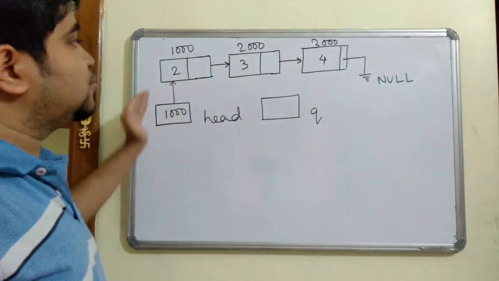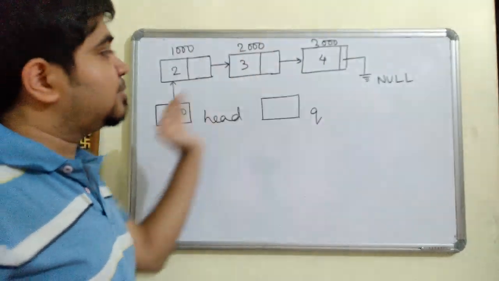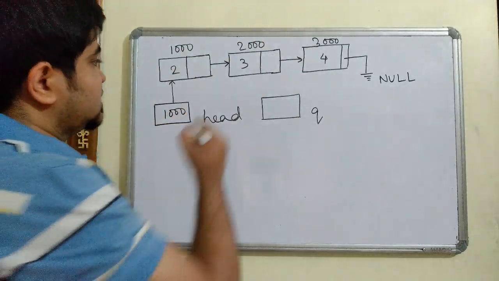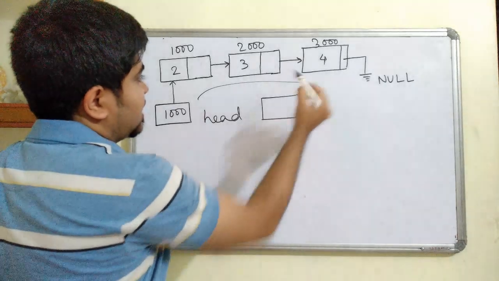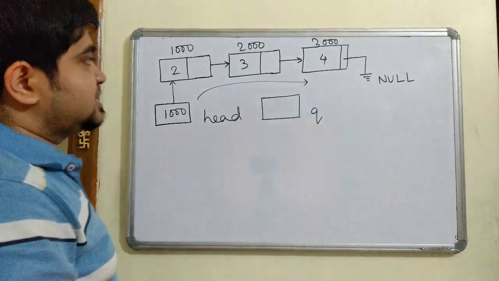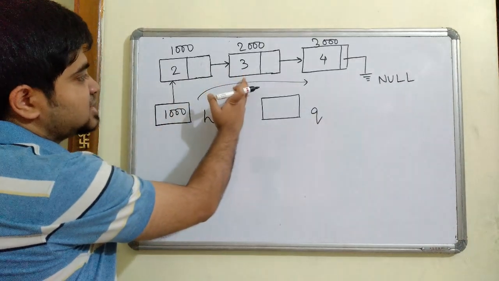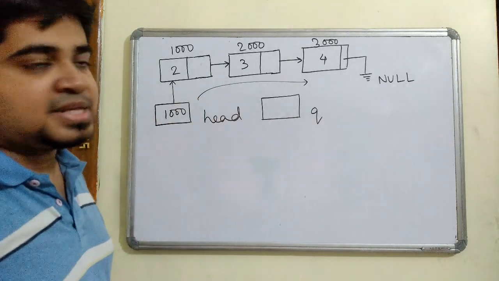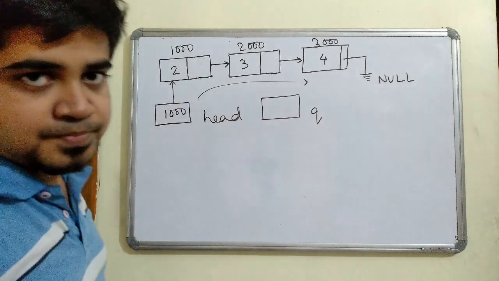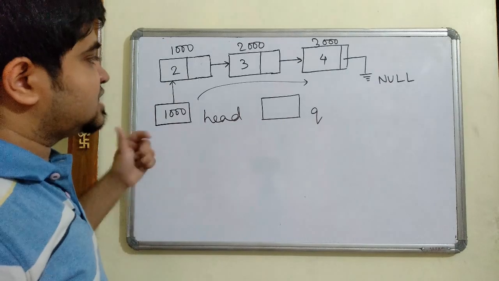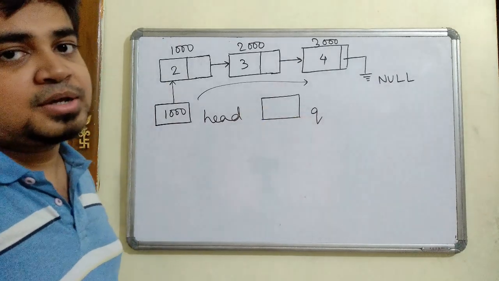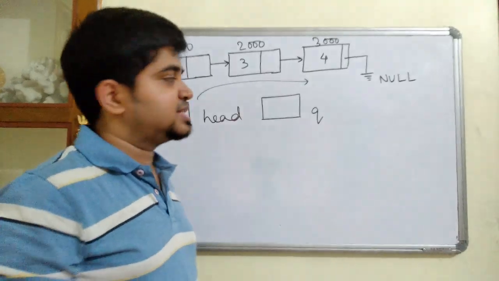As this is a unidirectional linked list, it can move in only one direction, which is this direction, right? Now if we move the head to this location, then we will lose this very node, right? So it's better that we take a separate pointer for parsing through the whole of the list.